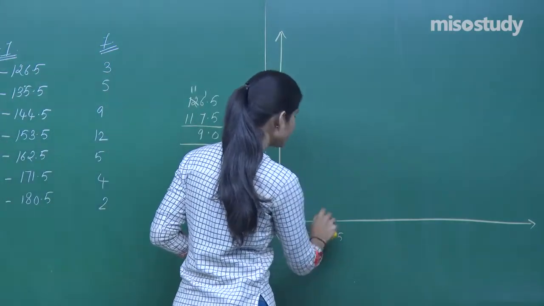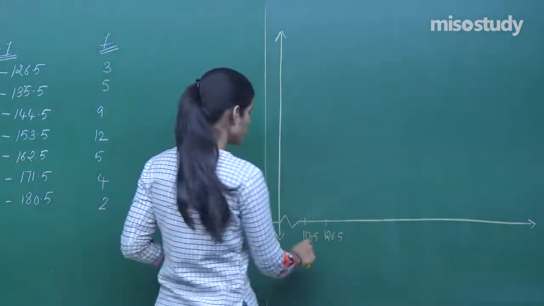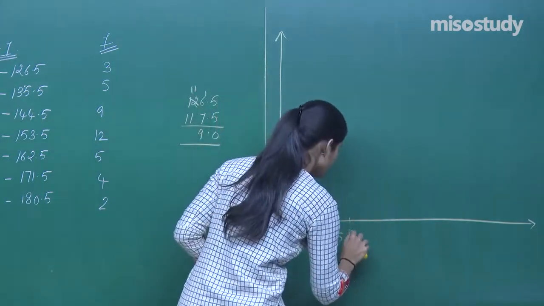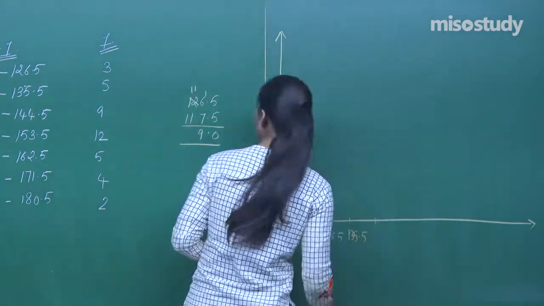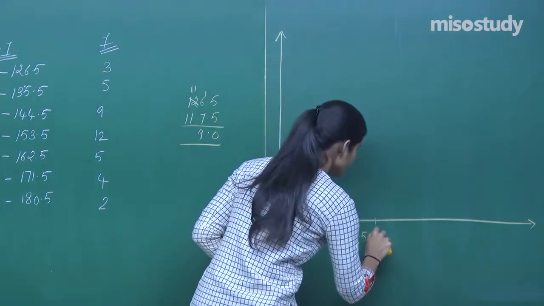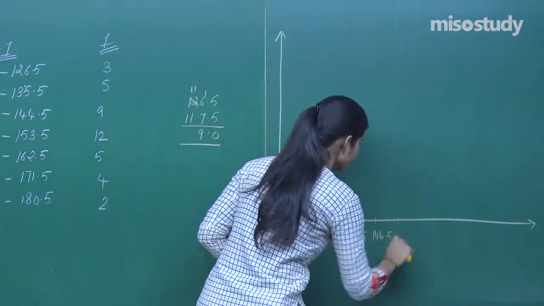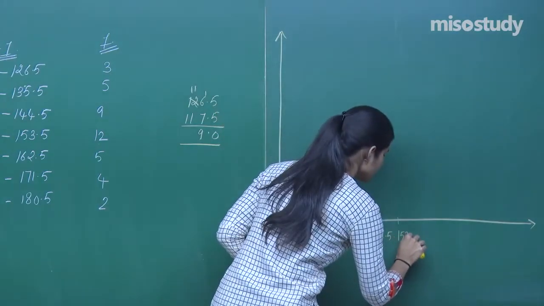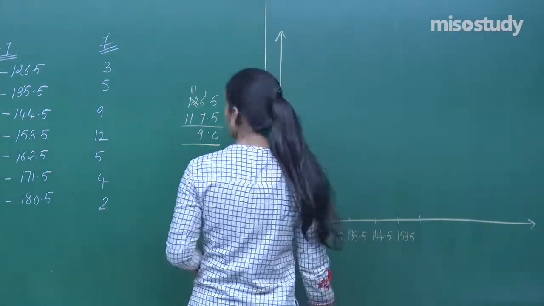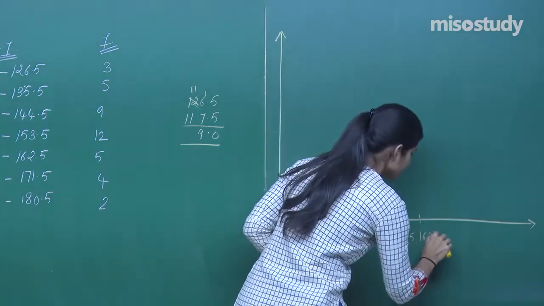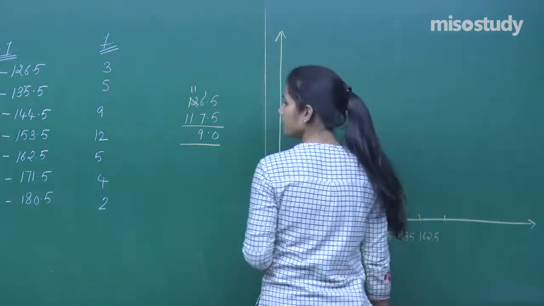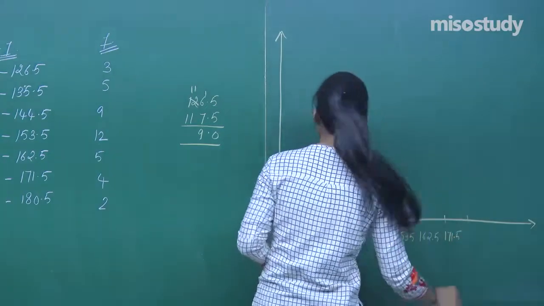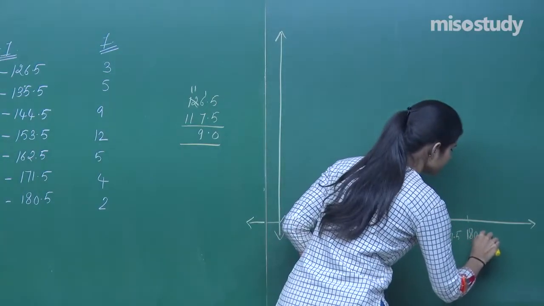So you take one big division of 9 units over here. So 117.5, then 126.5, then 135.5. Then you take 144.5, then 153.5, then 162.5, then 171.5, and then 180.5.